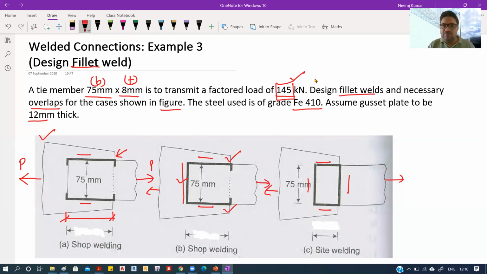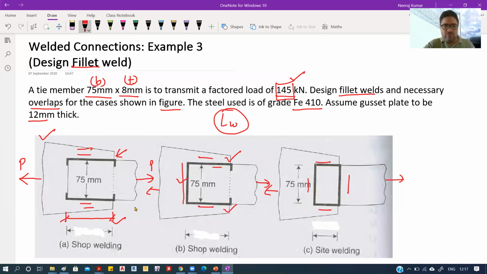So briefly, I would say that in the design, we are supposed to find out the effective length of weld, and then we will distribute this length of weld, say in the first case along the sides, in the second case along three sides, and in the third case along all four sides. So we are supposed to find out this effective length of weld, and then we will try to distribute it. And in the distribution, we find out how much overlap will be required to carry the load.